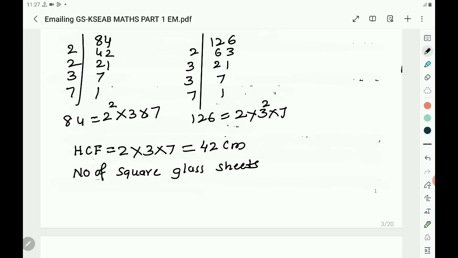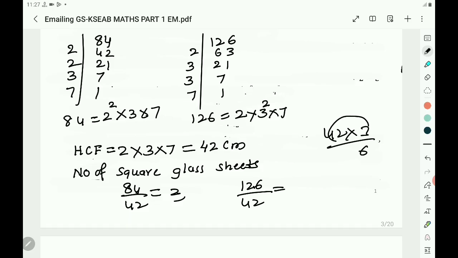The first one is 84 by 42. 42 ones are 42, 42 twos are 84, which is equal to 2. And the other one, 126 by 42. 42 ones are 42, 42 threes are 126. You can divide it. 42 into 3 is 126. 2 3s are 6, 4 3s are 12, 126.